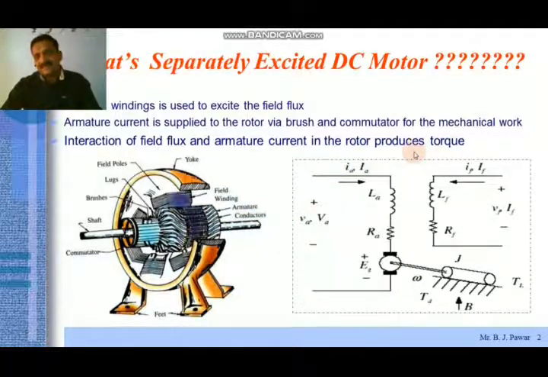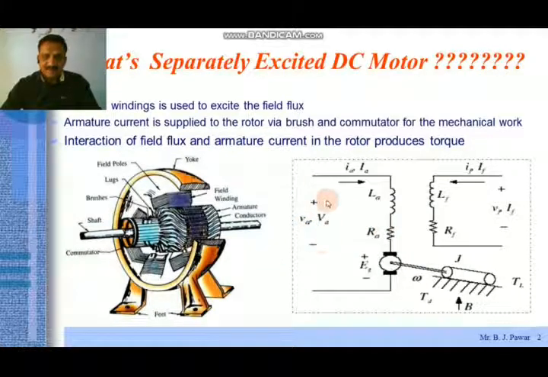Now in this equivalent circuit, you will observe the parameters of the armature winding, which is wound on the rotor, and this one is the field winding. Again, these are the parameters of the field winding, which is stationary in nature. LA for the armature winding is the inductance of the armature coil, and RA is the own resistance of that armature coil.